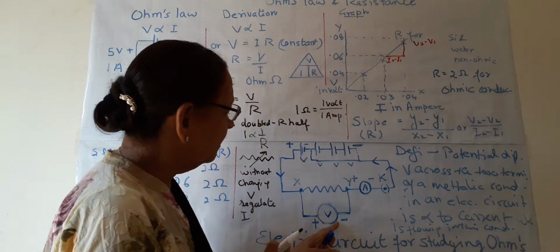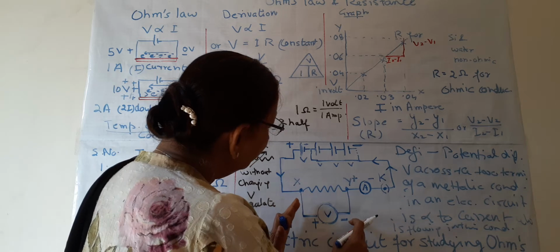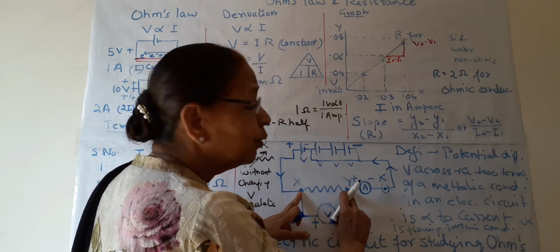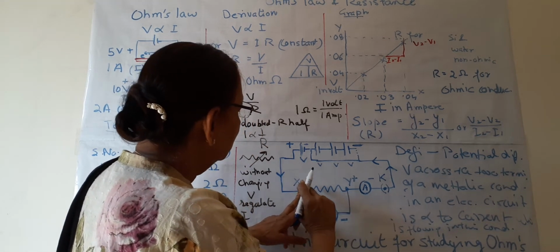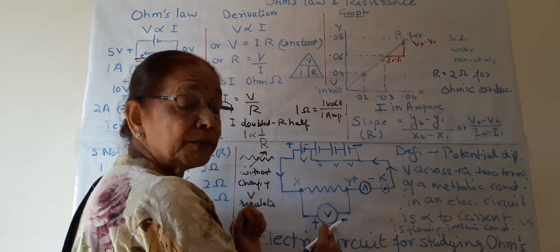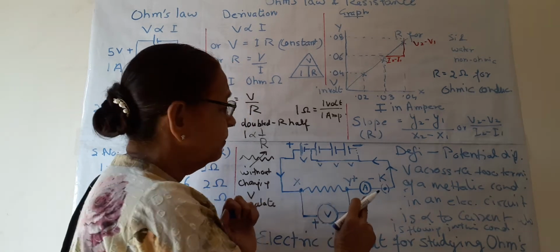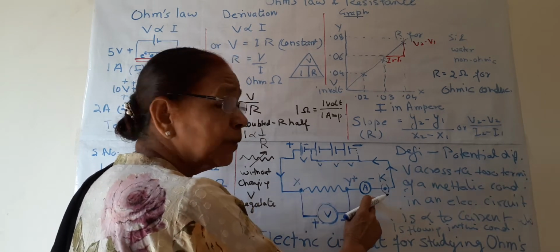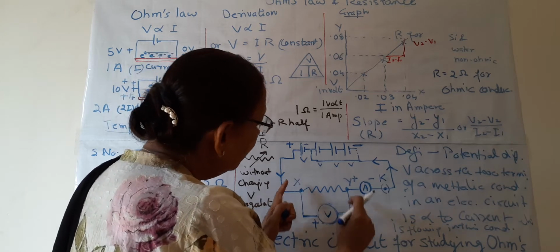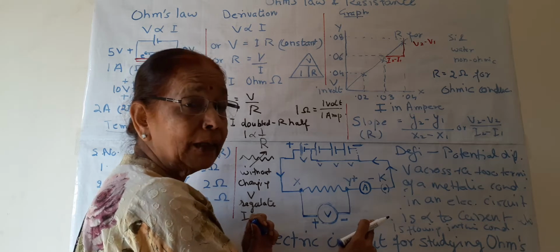And this is the other device. It is known as a voltmeter, and it is fixed across the two ends of the resistor. The two ends are X and Y. Across these two ends, this voltmeter is joined in the circuit but in parallel connection. When it is along with the conductor, it is known as series connection. When it is outside the main circuit, it is known as parallel connection.